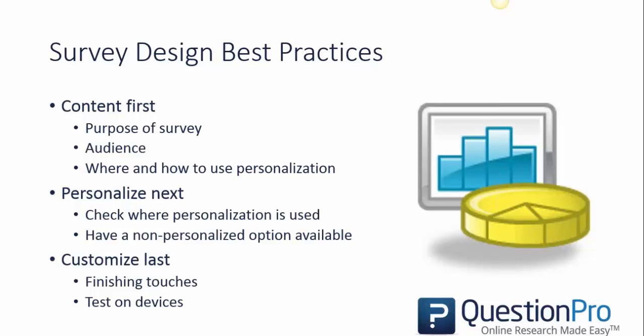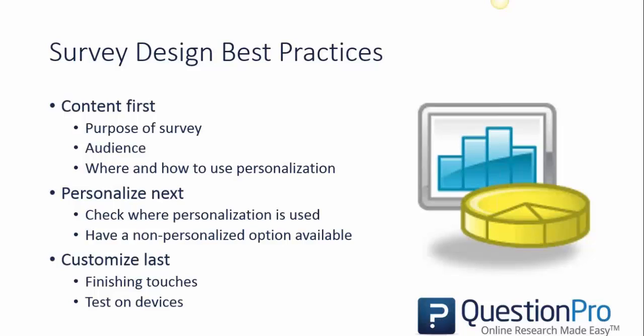And as you're putting all of those final touches on, you're continually testing. Keep testing that survey yourself. Have whoever is working with you on that survey do that testing as well, and test on various devices if you're planning on having other devices access the survey.